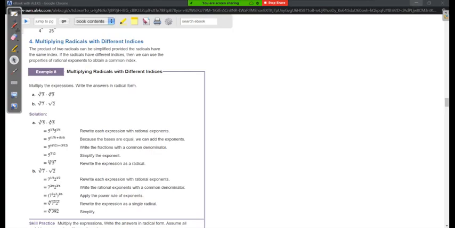So let's do B. Now B looks like a doozy. All right, so let's go ahead and rewrite these in my fractional exponent form.